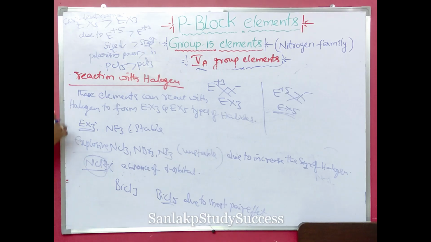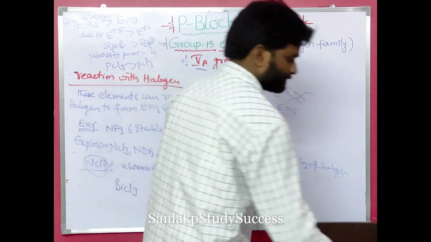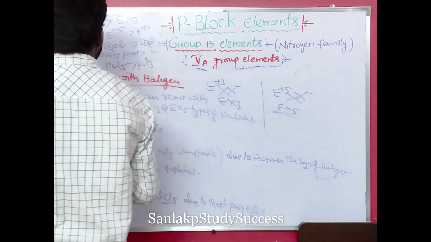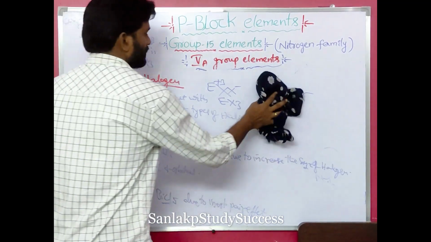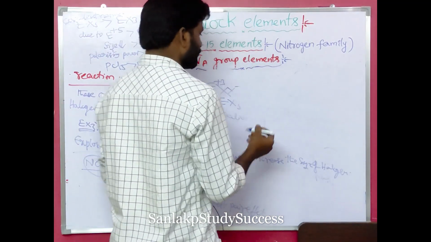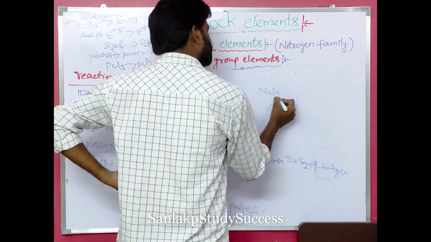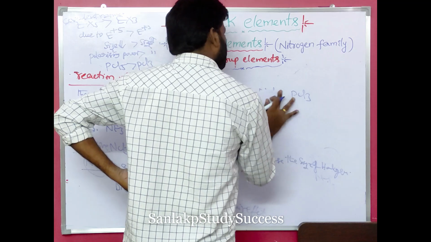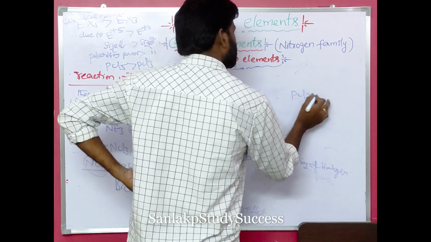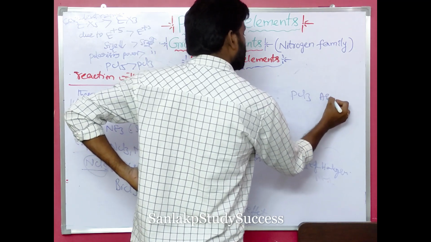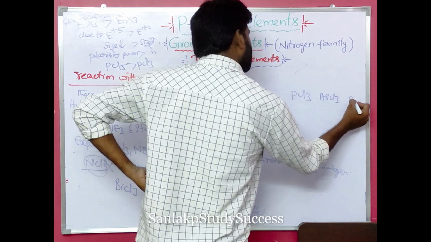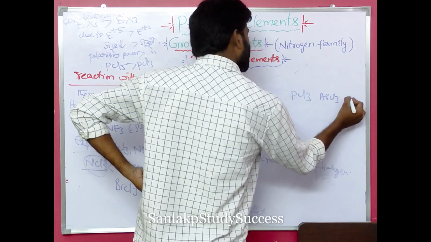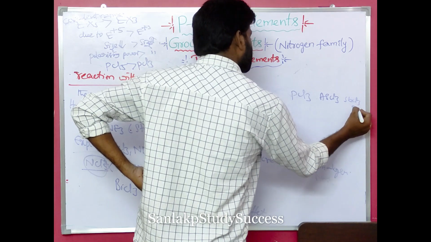Now, in the same family, which has more covalent nature? Suppose we take NCl3, PCl3, AsCl3, SbCl3 and BiCl3.